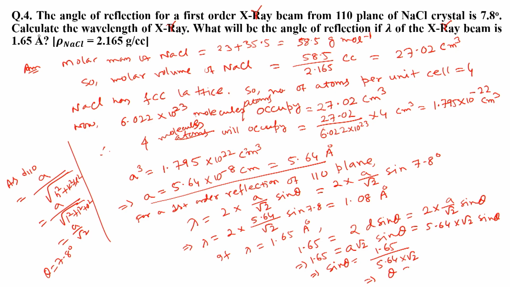From there we can calculate theta. Theta is 11.89 degree. So if lambda of the X-ray beam is 1.65, the angle of reflection will be 11.89 degree.